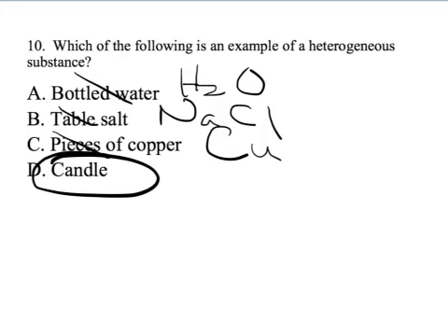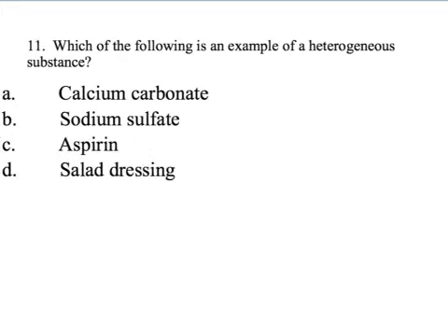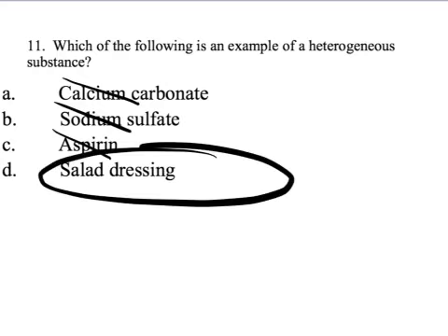Okay. Which of the following is an example of a heterogeneous substance? Well, calcium carbonate is an actual compound, and it's always pure. Sodium sulfate, again, pure throughout. Aspirin, pure throughout. Salad dressing would be an example of heterogeneous. And one way to think about that is, what happens to salad dressing if you don't mix it up?